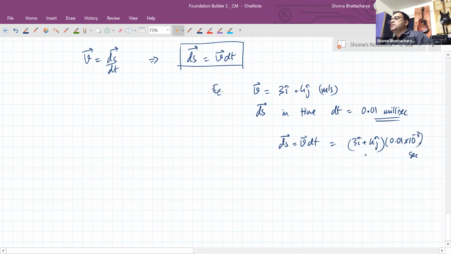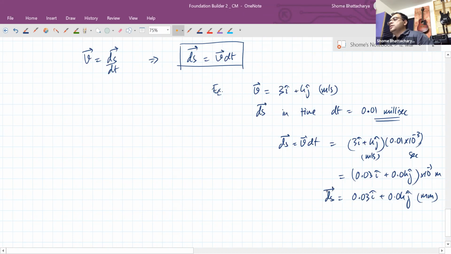So this is in seconds, this is in meters per second. So this will become 0.03 i cap plus 0.04 j cap, whole thing into 10 raised to the power minus 3 meters. Or we can say 0.03 i cap plus 0.04 j cap millimeters. That will be the displacement in that small time.